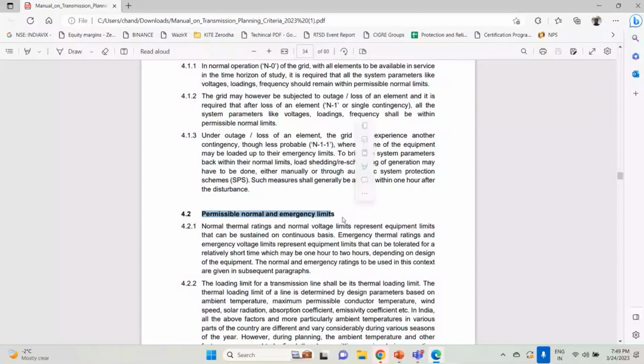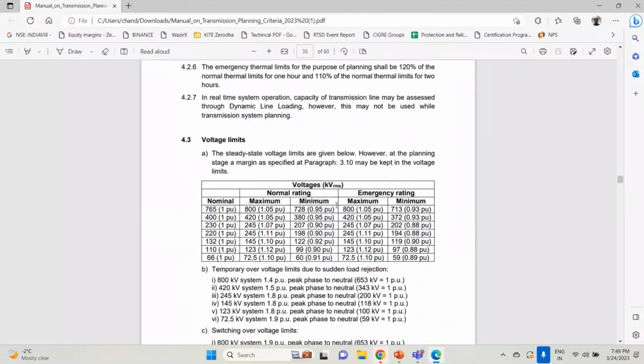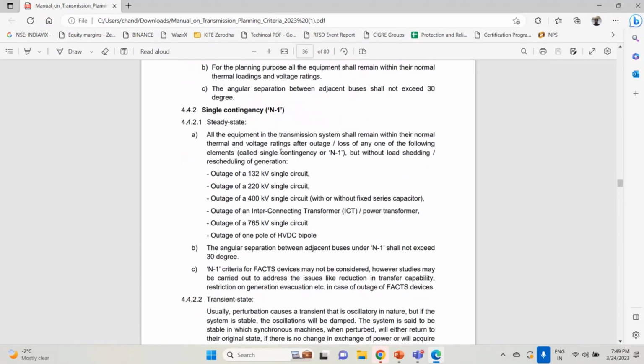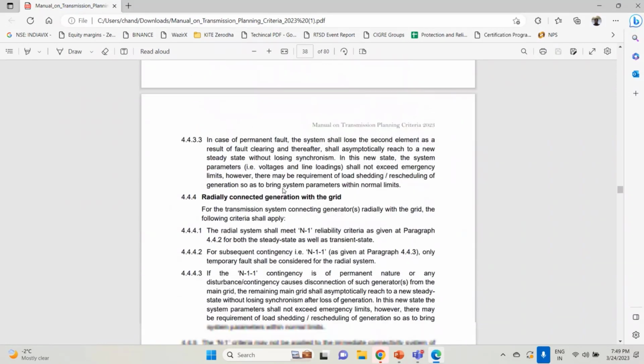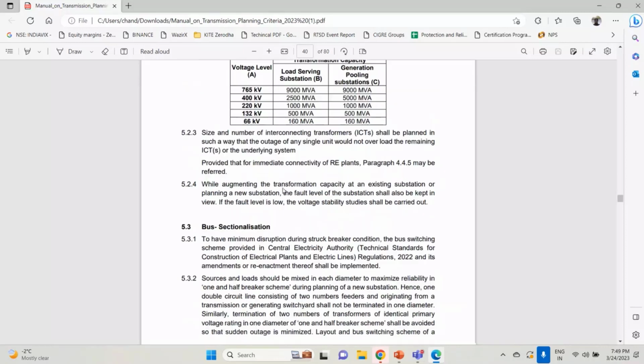Normal and emergency limits, you can see that it is given. This is the normal limit and these are the emergency ratings already provided. These are the N-1 planning criteria. Different criteria are there on which our transmission system is planned.